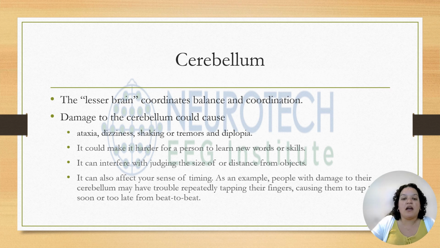It could make it harder for a person to learn new words or skills. It can interfere with judging the size of a distance from objects, and it can also affect your sense of timing. People with damage to their cerebellum may have trouble repeatedly tapping their fingers to a rhythm. They might do it too soon or too late from beat to beat.